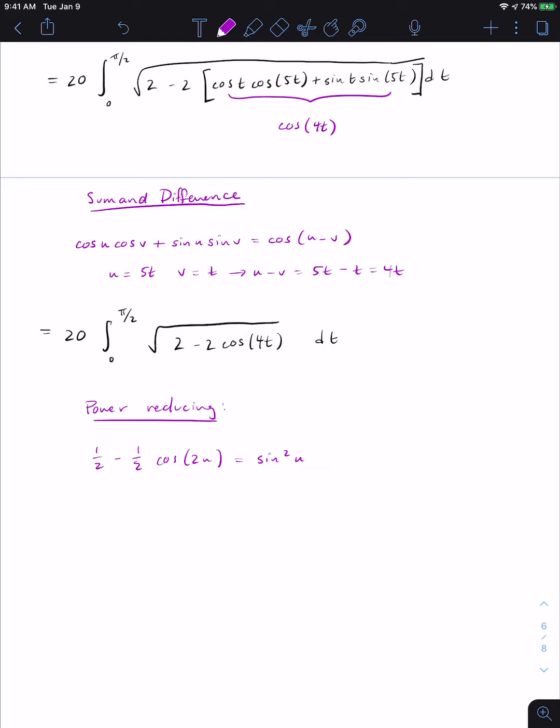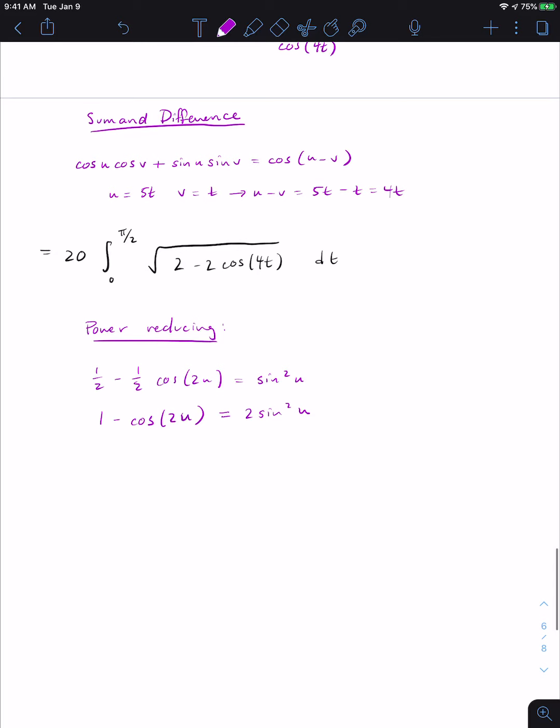So again, that's not really what mine looks like. Mine looks like 2 minus 2 cosine. So what I could do is multiply by 2. So here I could replace 1 minus cosine of 2u with 2 sine squared of u, right?